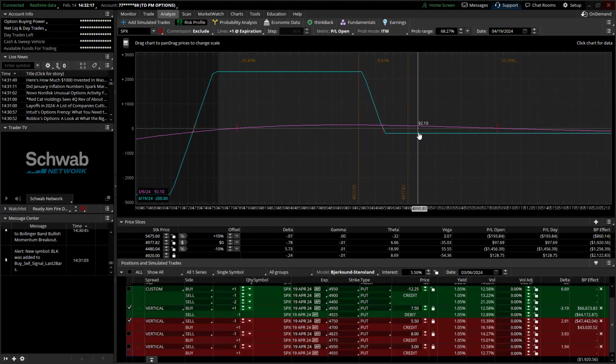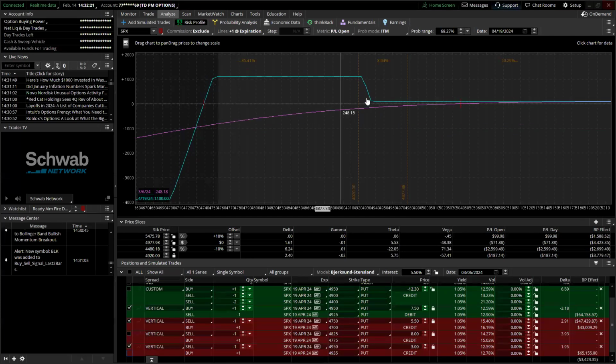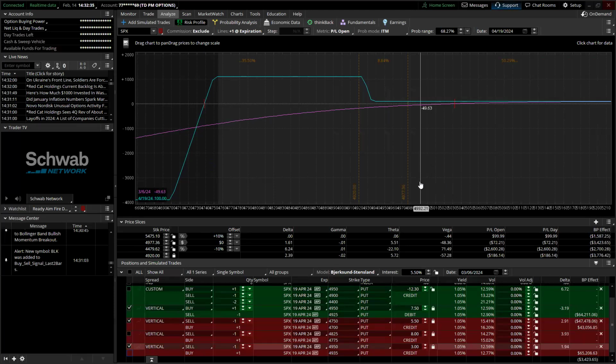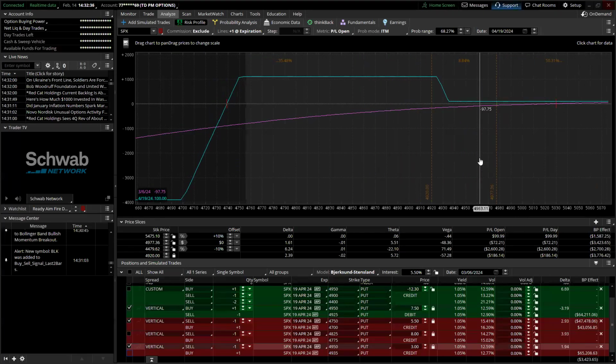I have upside risk of $200. If I roll my long leg closer to my short leg on the put debit spread and collect $300, so now I not only recover the initial $2 debit, I actually have a net credit of $1 or $100 per one contract.